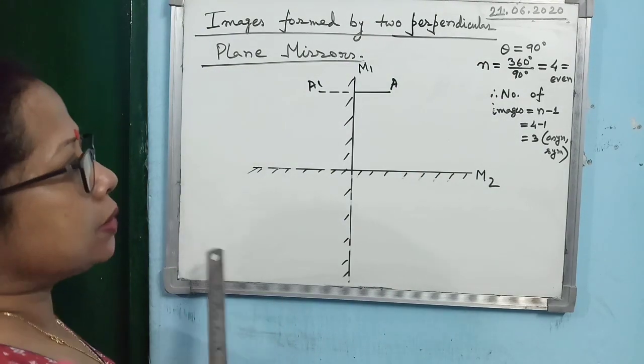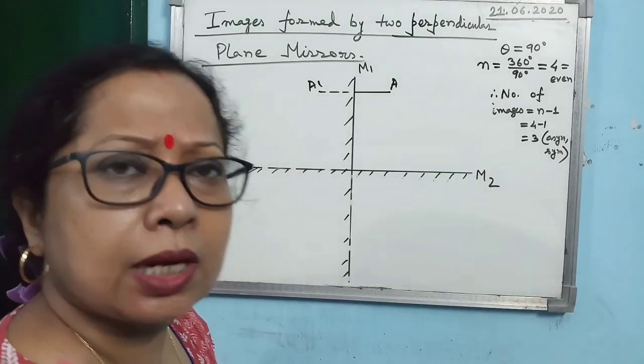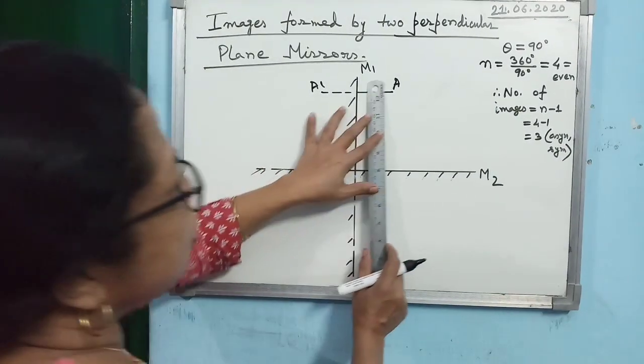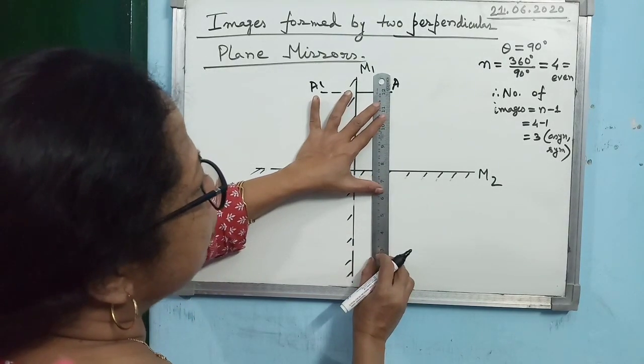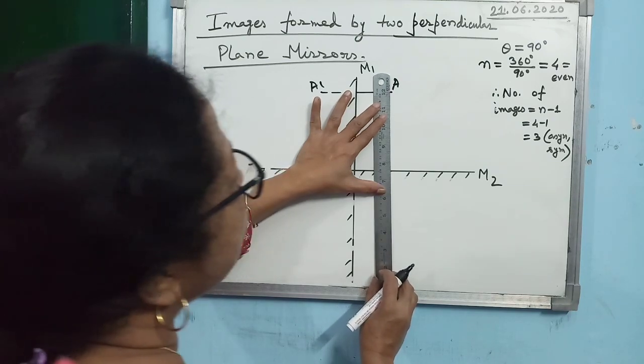Now you see how we will do it. First you understand actual image formation, how it takes place, and how you must draw your diagram. Hold your scale like this. Here I don't have the dotted ruled line, so I have to measure it.